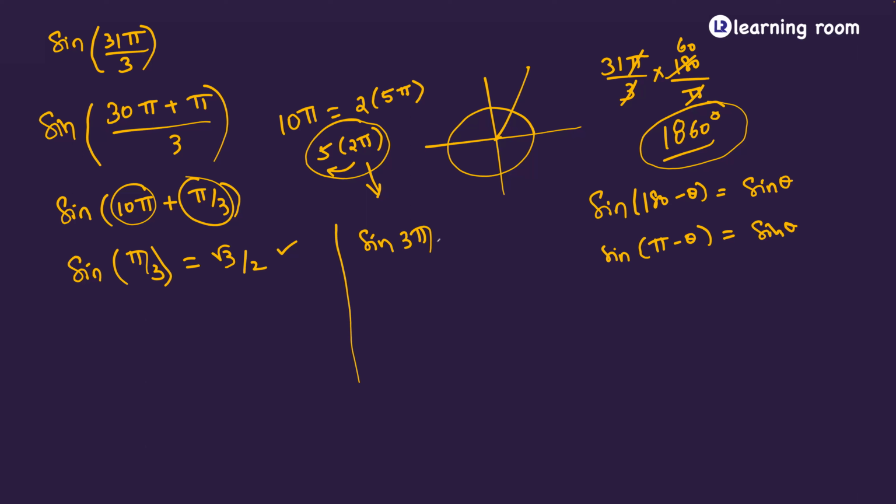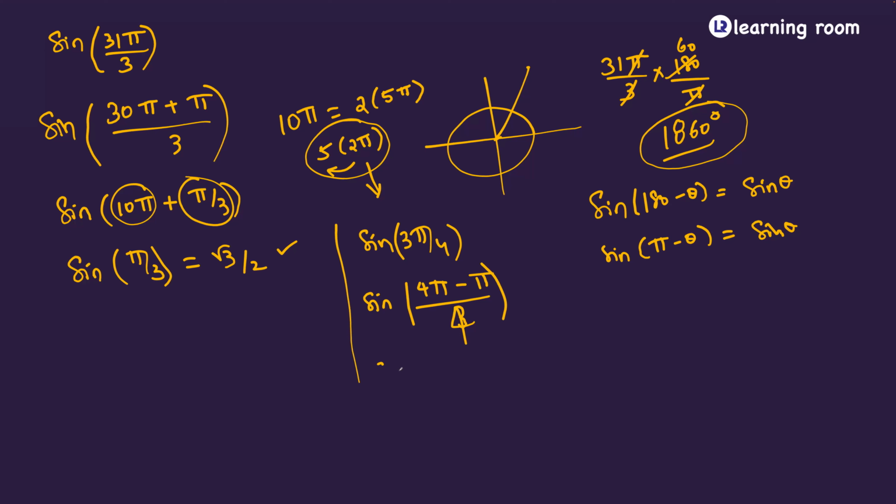If I have to find the value of sine 3 pi by 4, numerator is less than the denominator. So sine of, what should I do to this 3 to bring it close to 4? I can write it as 4 pi minus pi, the whole divided by 4.